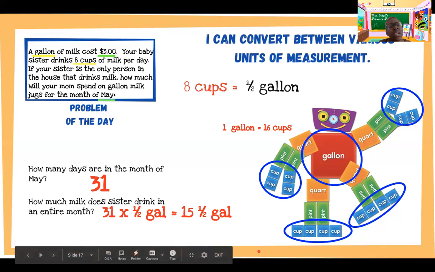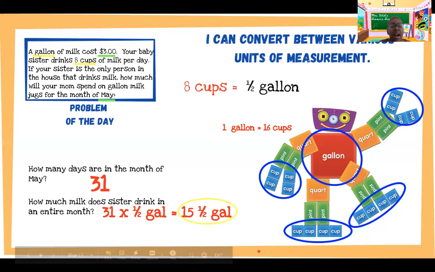How are we going to use this to solve our problem? Did you notice that our answer came out in a half gallon? Well, is our mom buying milk by the half gallon? Let's see. It says, how much will your mom spend on gallon milk jugs for the month?